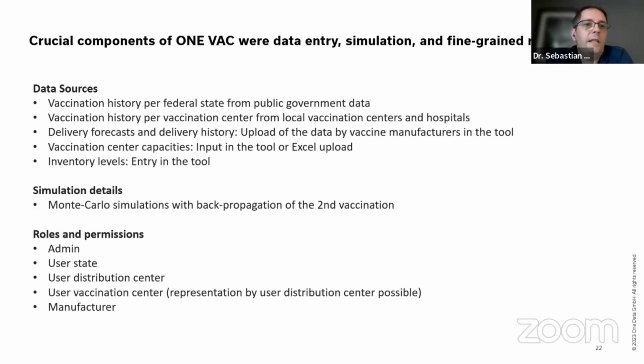Again, here, data products played a crucial role because you have so many different data sources. You have the vaccination history from government data. You have hospital and vaccination center data. You have vaccine manufacturing plans updated by the manufacturers, and other things like Excel files for the capacities of the vaccination centers.